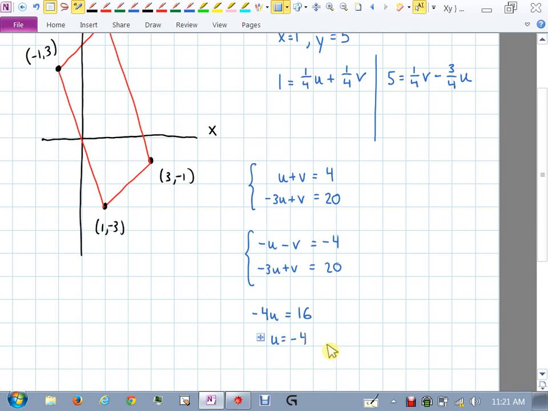Follow? Now, once I know what U is, I can go back into any of these equations and find out what V is. Using this first equation, I know that U is -4, so I get -4 plus V is 4, so V must be 8.